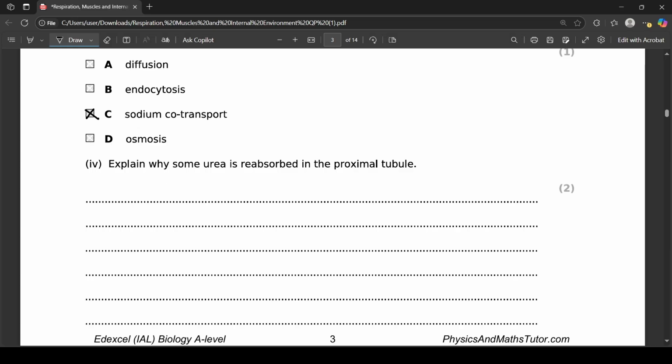Explain why some urea is reabsorbed in the proximal tubule. Here we have to explain why some urea is reabsorbed.